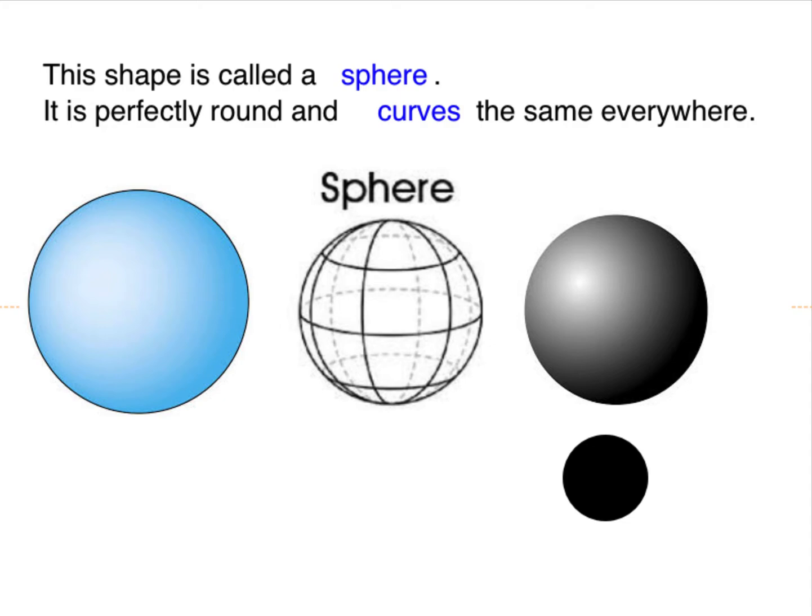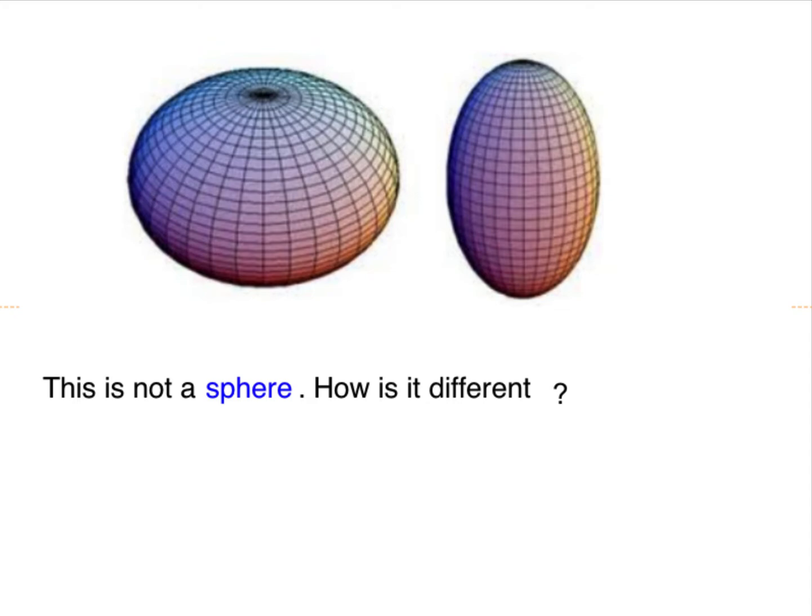But these are spheres. They are perfectly round like a circle is, but they curve the same way everywhere. See, this is a circle, flat, but this is a sphere because it's curved. So these curve, but they're not spheres because a sphere is perfectly round all over.